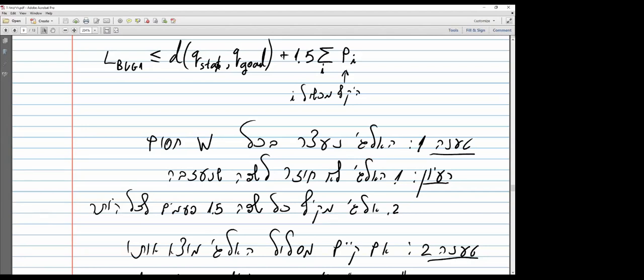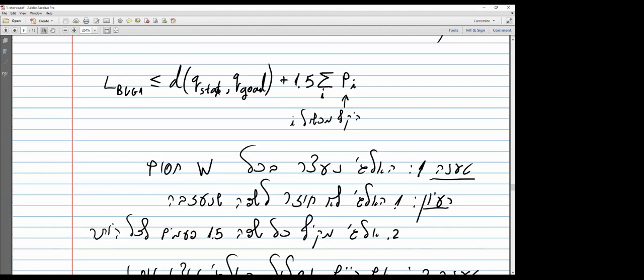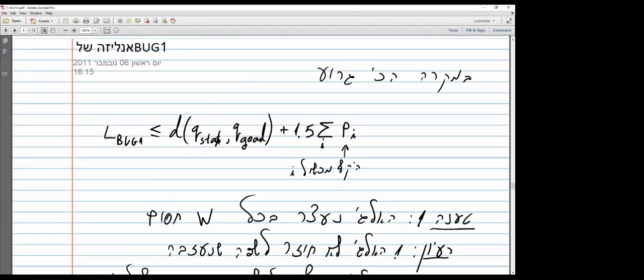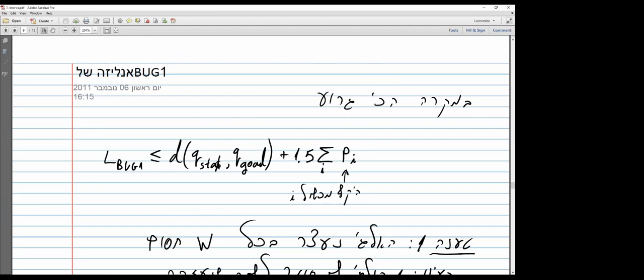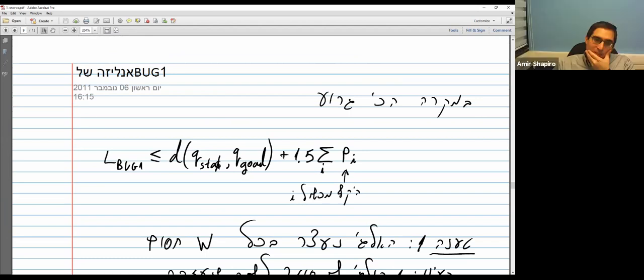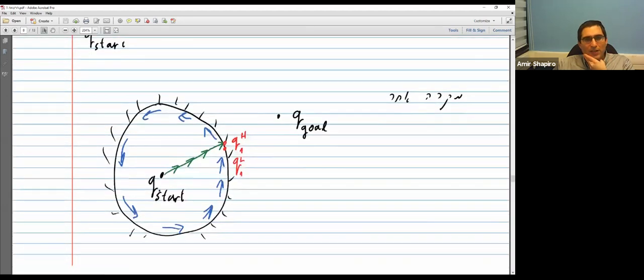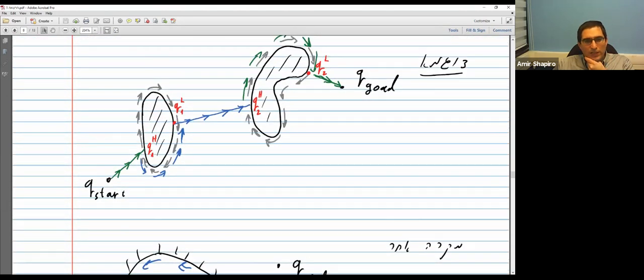Amir, closed workspace. Yes. Why is the length smaller than and not equal? Because it always does 1.5 times the length of the obstacle? It's always this, but for this it can be shorter because some of it is along the way in the obstacles.